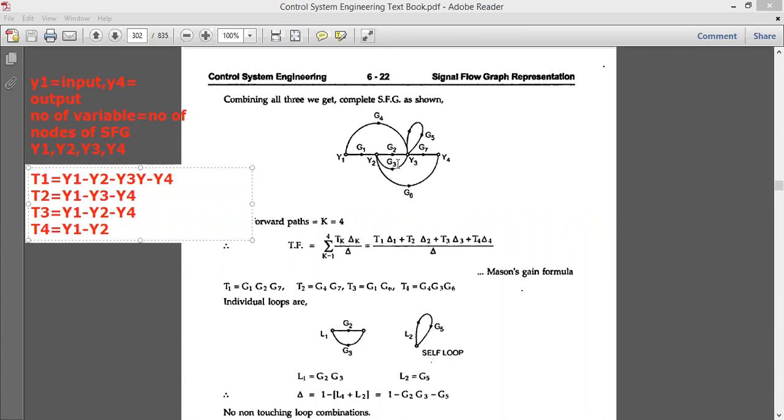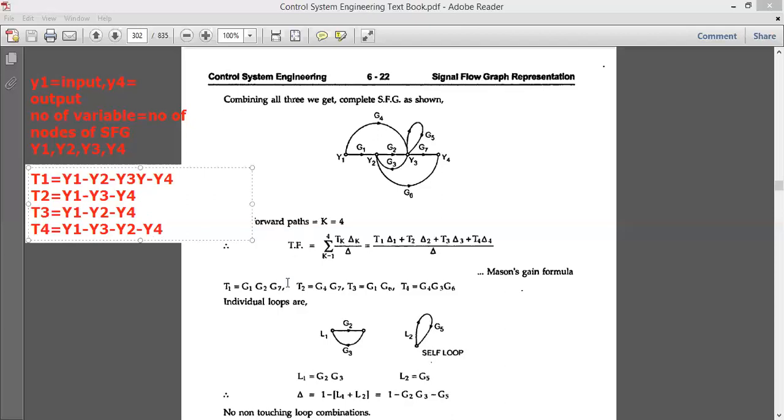This is including this small loop. So from y1 we go to y3, not y2, we go to y3. Then from y3 we come back at point number y2. Then from y2 we go for y4.